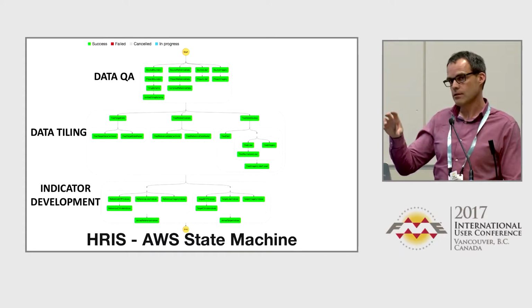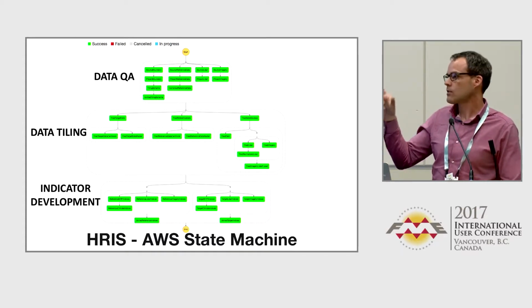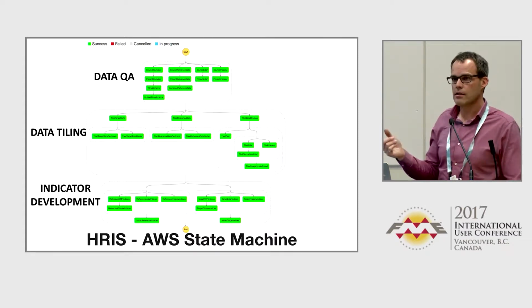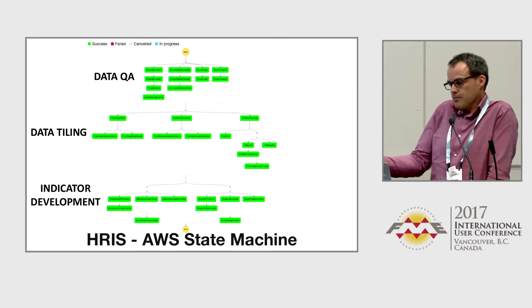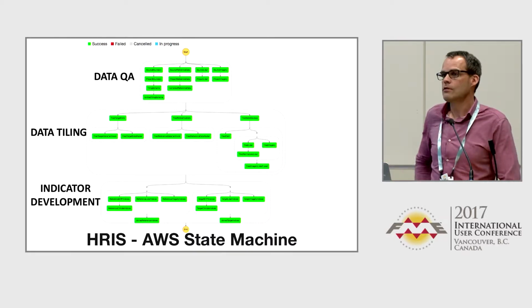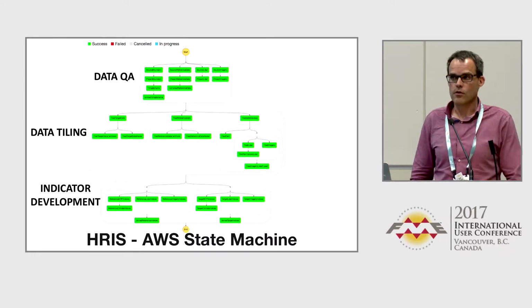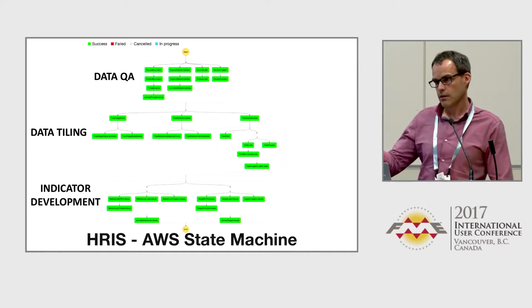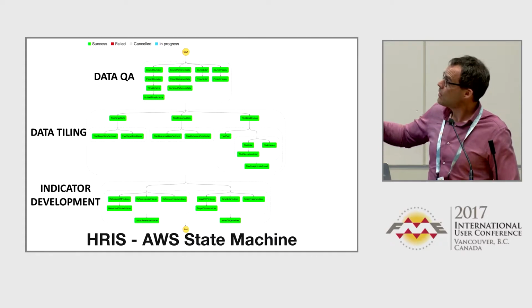So it's a state, and that state has a task, a resource, and a next or an end. And that task could be to manually wait for something to happen, i.e. wait for a file to appear on S3. And if that file appears like it's supposed to, it will go on to the next step.